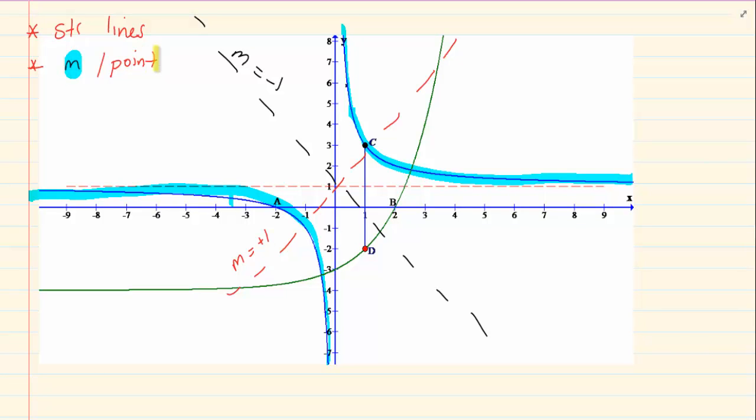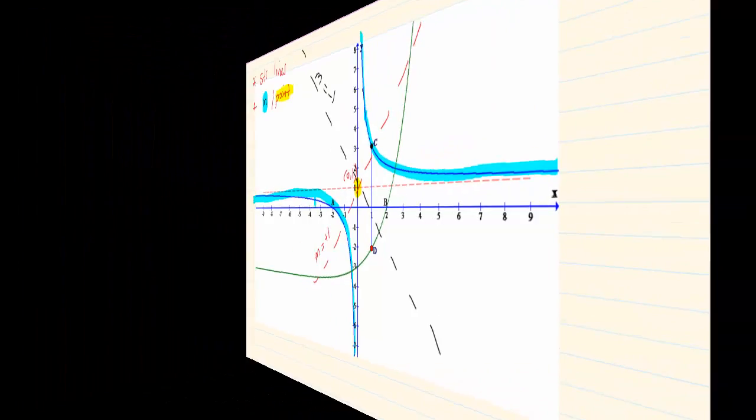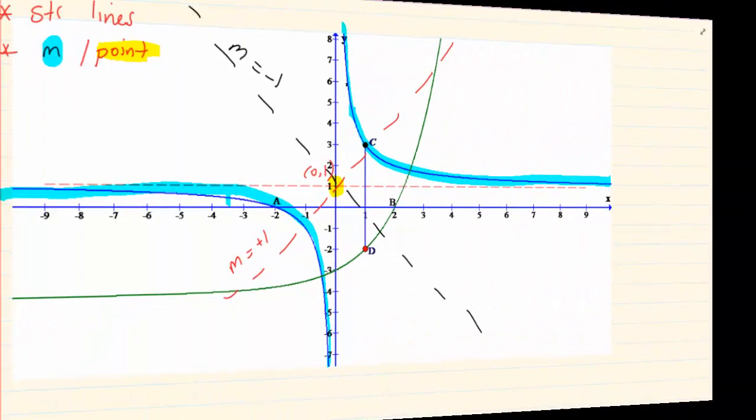Now how do we get the point? The point is created by the asymptote. Now that coordinate is 0 and 1. So we have our gradients, m is equal to 1 and m is equal to -1. Then we have our coordinate.